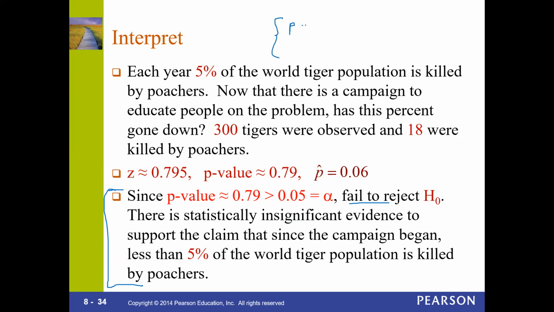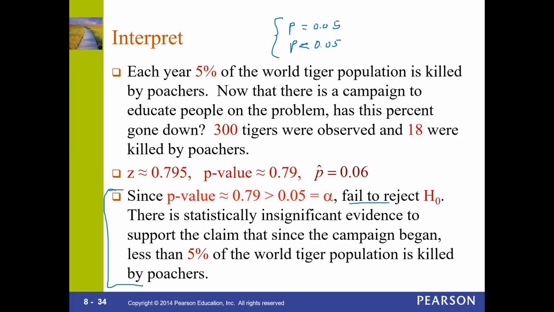You got P is equal to 0.05. That was, and P not equal to, was again P less than 0.05. Okay. This one says each year 5% of the world is killed by poachers.